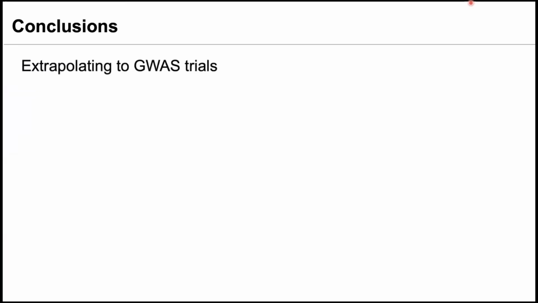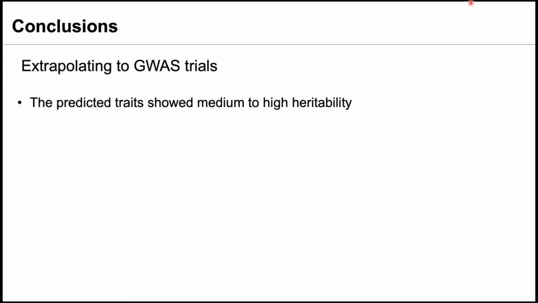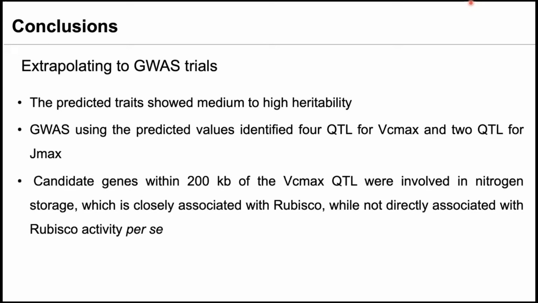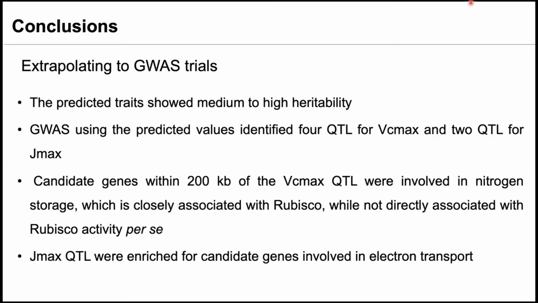And by extrapolating this method to GWAS trials, I found the predicted traits showed medium to high heritability, and GWAS using the predicted values identified 4 QTL for VCmax and 2 QTL for Jmax, and candidate genes within 200 kb of the VCmax QTL were involved in nitrogen storage, which is closely associated with rubisco, while not directly associated with the rubisco activity per se. And Jmax QTL were enriched for candidate genes involved in electron transport.